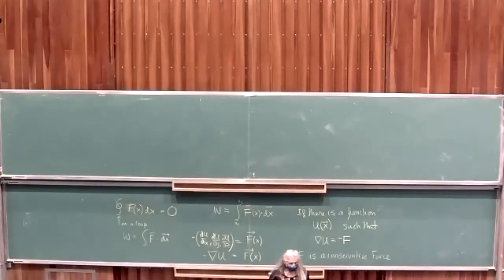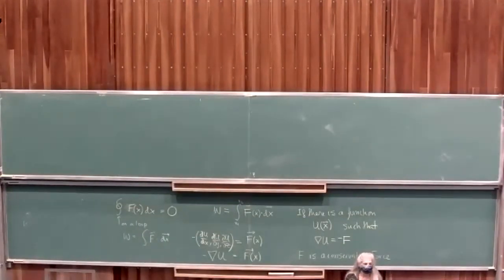So last time we showed that if you exert a force on a point mass particle, or it doesn't have to be a point mass, just a mass like a block, you get a change in kinetic energy. And now if I have a conservative force, that's also equal to minus the change in potential energy. So the work is equal to the change in kinetic energy, which is equal to minus the change in potential energy.